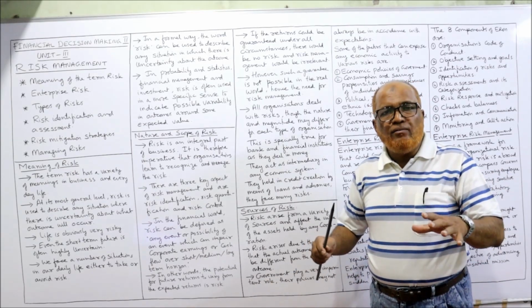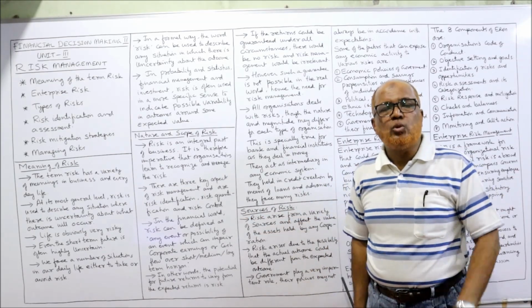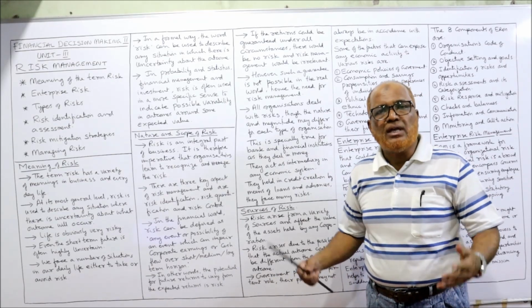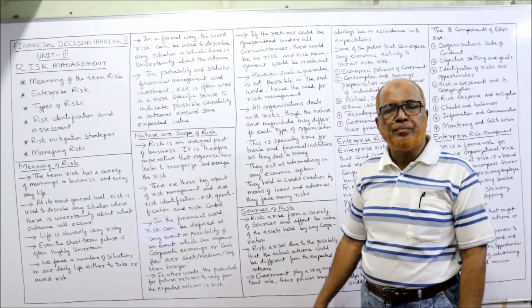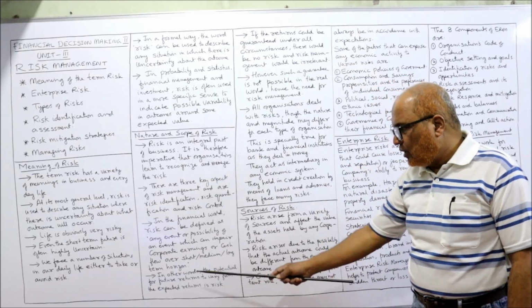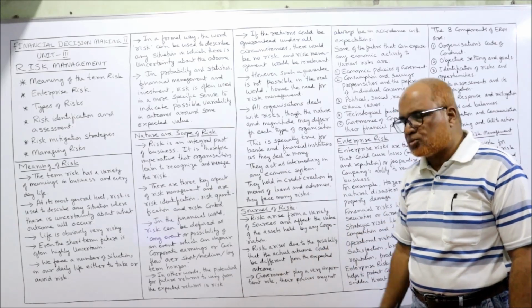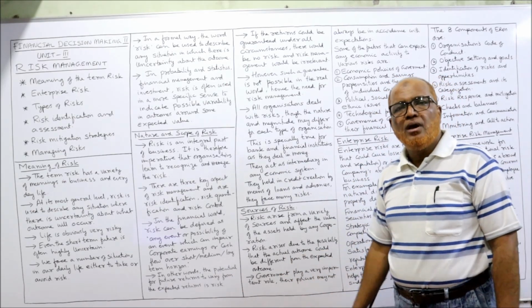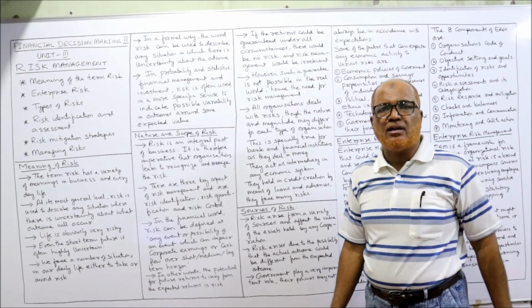So it's an event or possibility of the event which will impair, which will disturb two things: corporate earnings and corporate cash flows. That is the more specific meaning of the term risk from financial point of view. Now, in other words, the potential for future returns to vary from the expected return is risk. More specific definition: how the actual returns are varying from the expected returns.